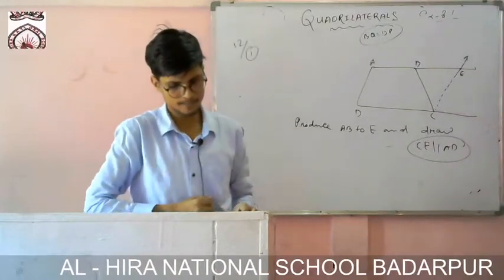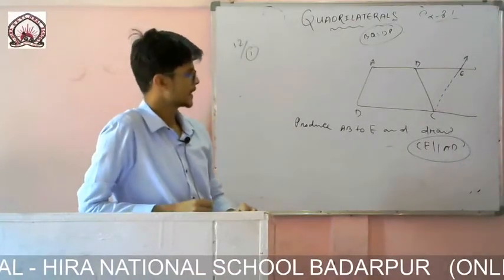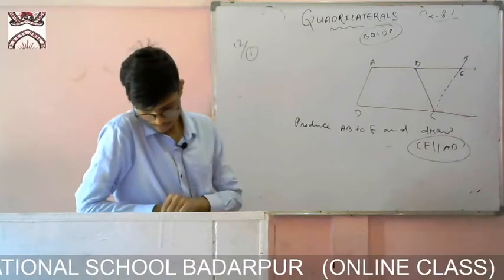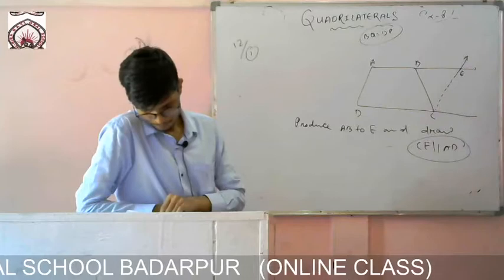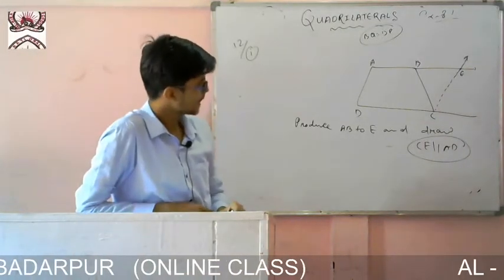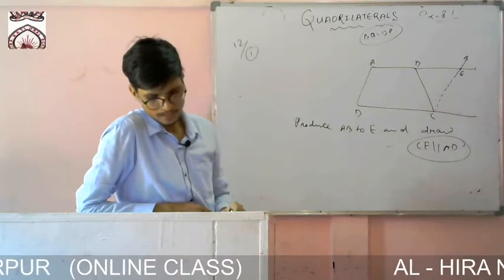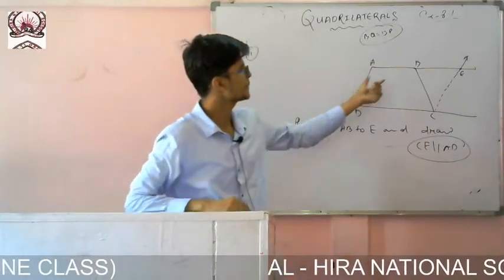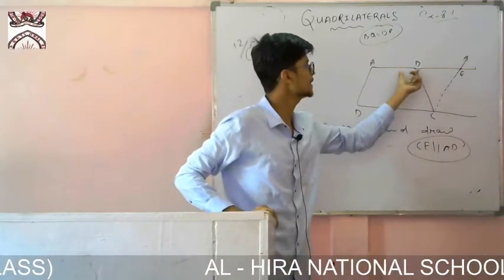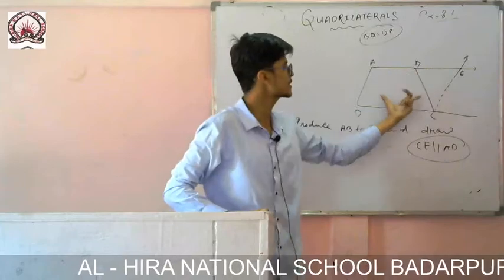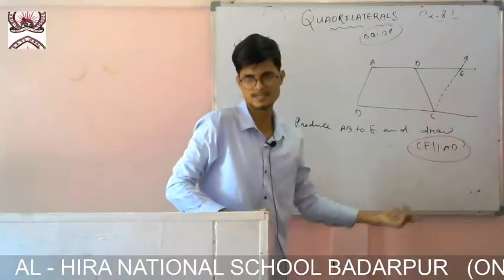AB is parallel to DC, it is given in your question, and AE is also parallel to DC. If I extend this part, AB and AE are the same, so AB is parallel to DC or AE is parallel to DC, same thing.